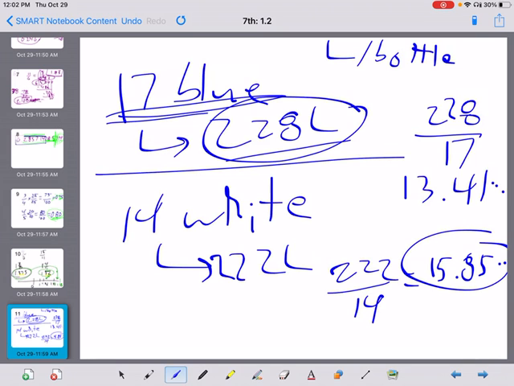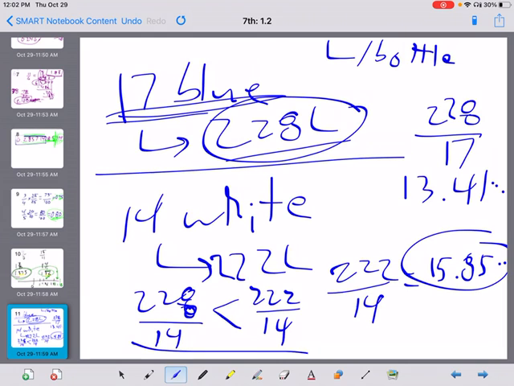So the way you finally want to write that is 228 over 17 is what? Greater than or less than? Less than 222 over 14. And the reason we write these out is because this is considered the more precise way.